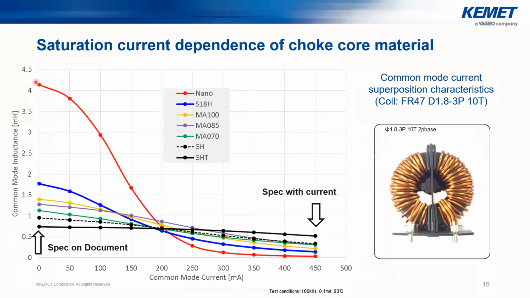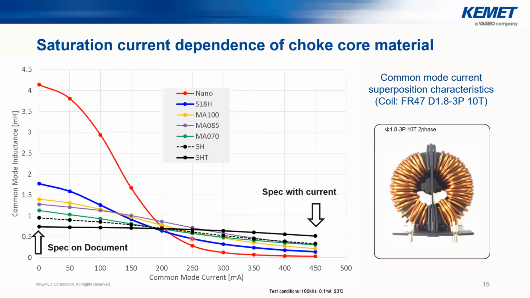And the main technical disadvantage with what nanocrystalline gives to you is this hard saturation characteristic. Although you use less material to build the choke with the same inductance, it could mean that beyond a certain current level, for example in this zone here, you actually have a much lower inductance value available to you because of the hard saturation characteristics.